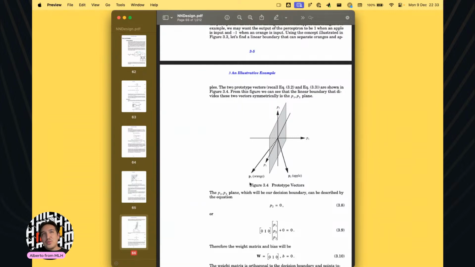I want you to remember what I mentioned before. Since we have very limited prototypes and very limited examples, there are infinite solutions to this, because there's an infinite number of planes between these orange and apple.